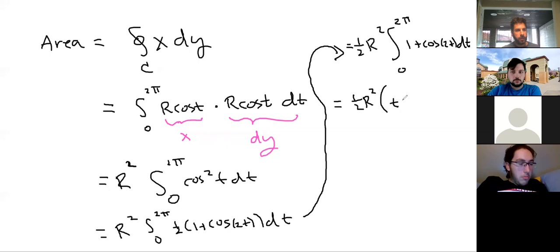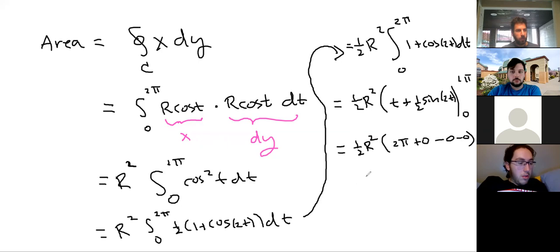You get t plus 1/2 sine 2t evaluated from 0 to 2 pi. Plug in 2 pi, you get 2 pi plus 0 minus 0 minus 0. And of course, as you expect, the area is pi times the radius squared.